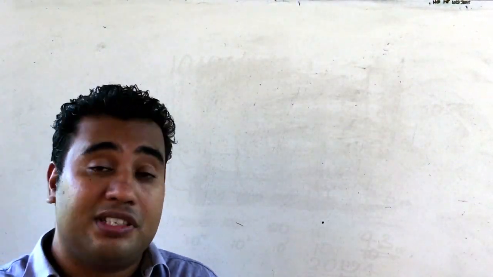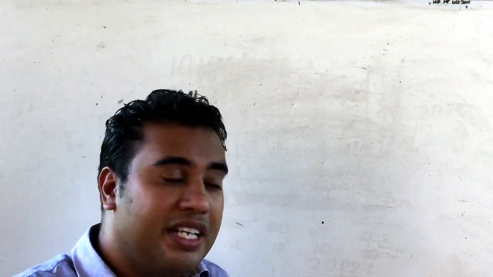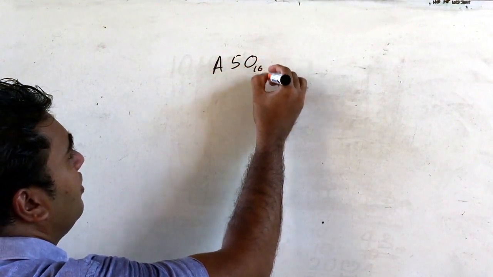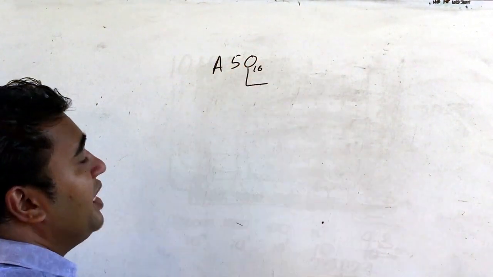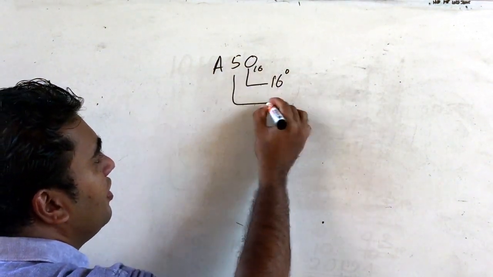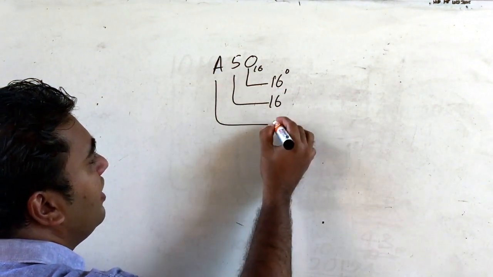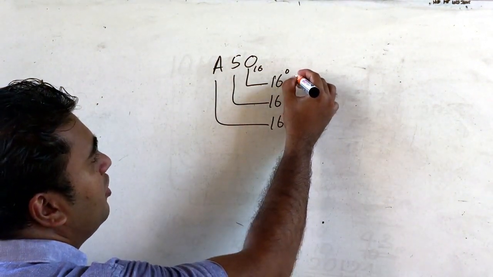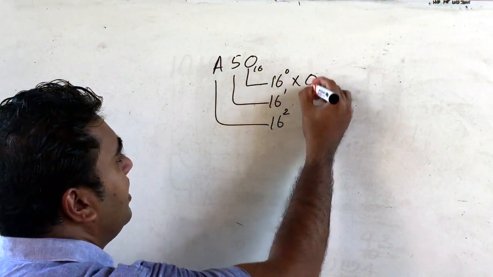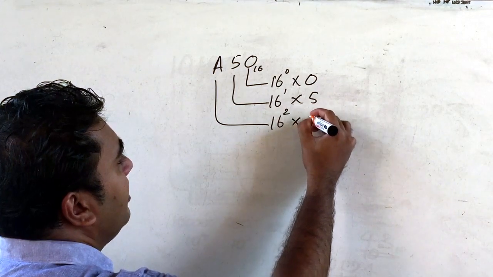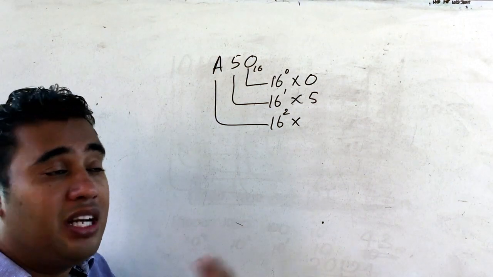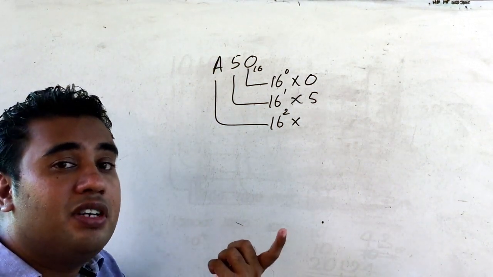Okay, now let's use the same concept to convert a hexadecimal number into decimal. A50 in base 16. The base is 16, so the place value of this digit is 16 to the power 0, 16 to the power 1, 16 to the power 2. So we multiply each place value by the respective digit. Here 0, 5 and A. What is A in hexadecimal? It represents the value 10.